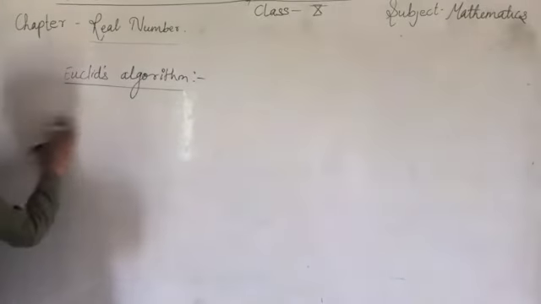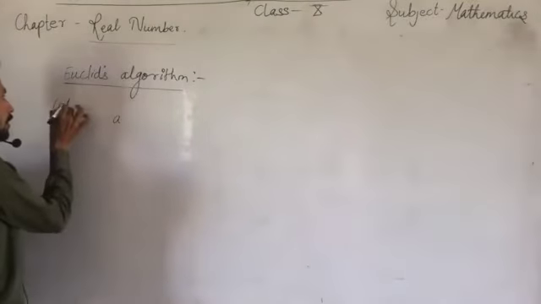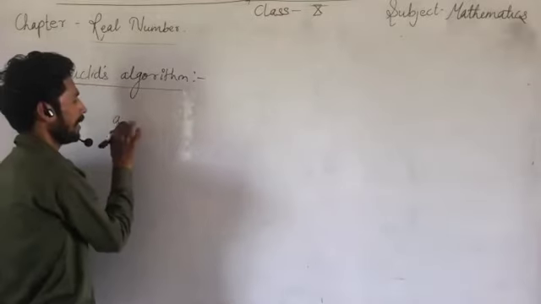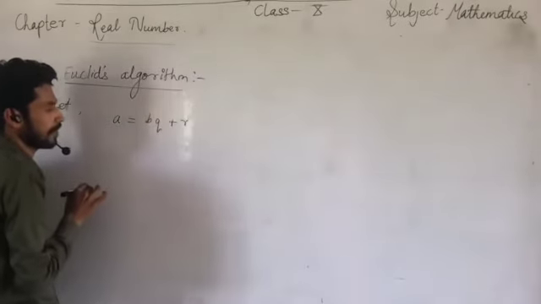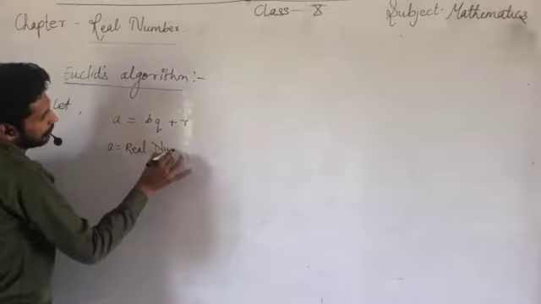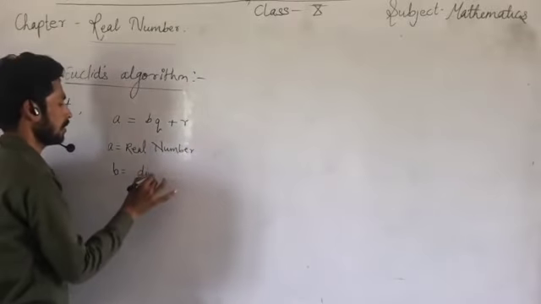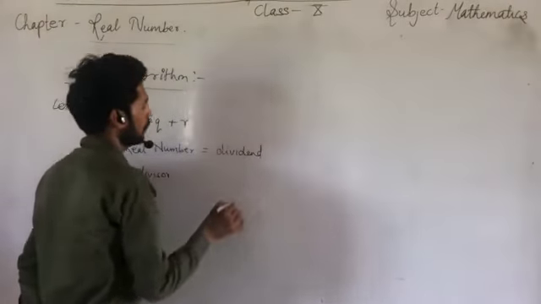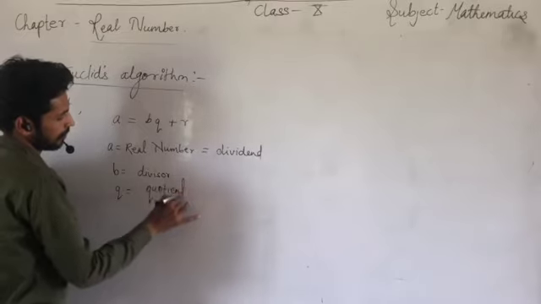Now, if there is a real number A, let A be the real number which can be written as A = BQ + R. A is the given real number, B is the divisor, A is also called the dividend, Q is the quotient, R is the remainder.